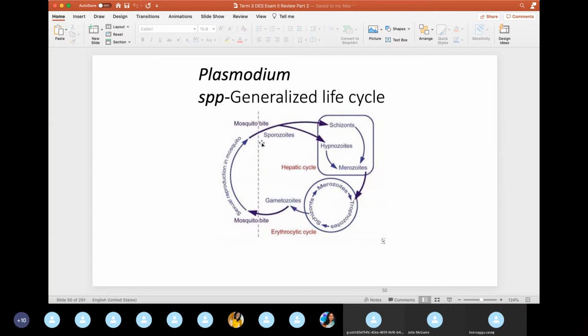Gametozoites. Okay, so sporozoites, merozoites, and gametozoites. I don't know if that's a correct pronunciation, but know those 3. Okay, hepatic in the liver, it's a merozoite that infects the RBCs. After the infection of the RBCs, it becomes gametozoites.